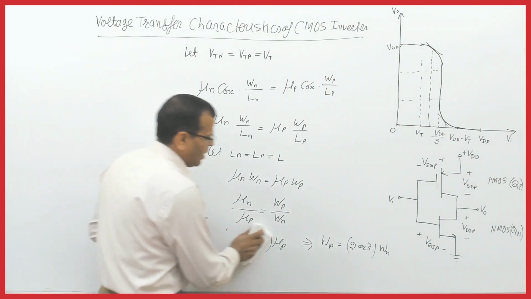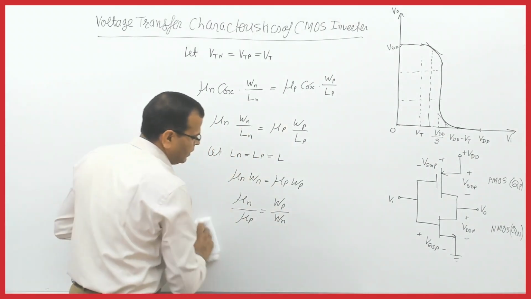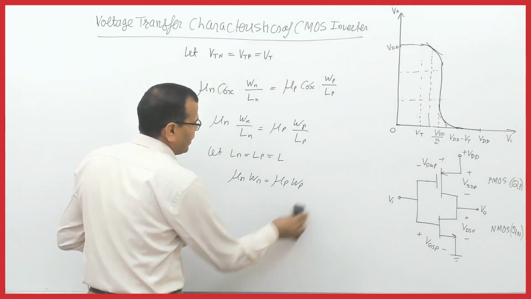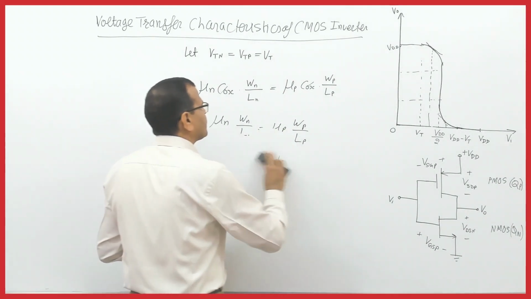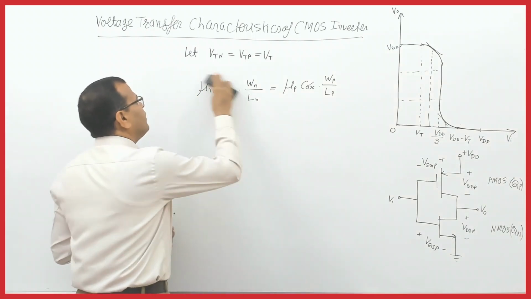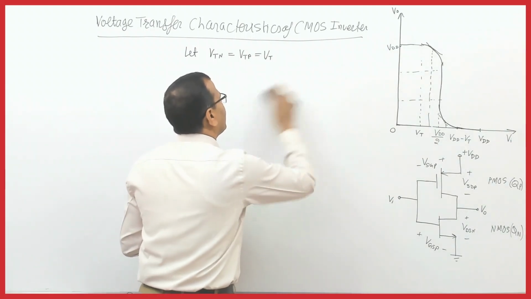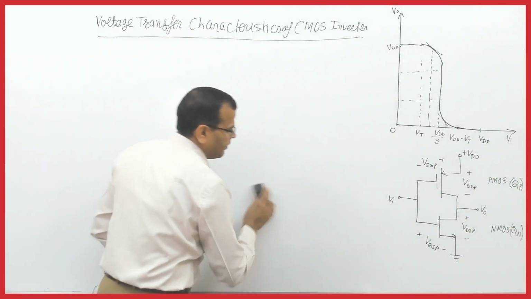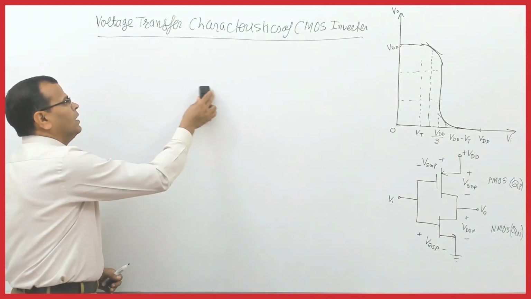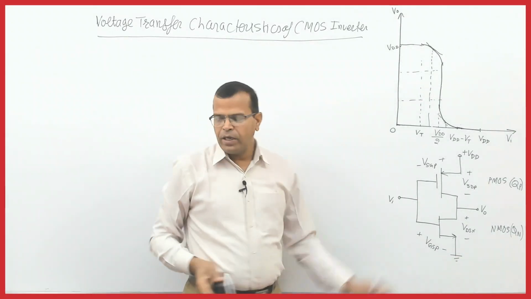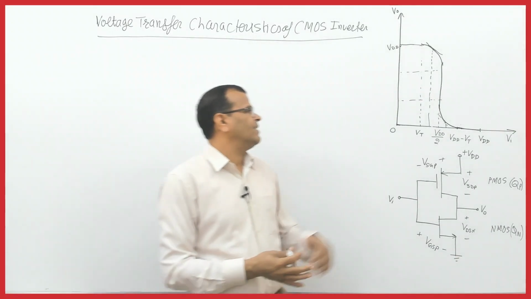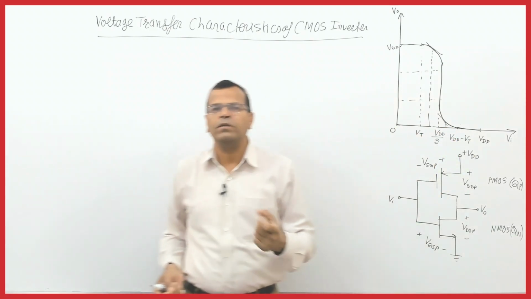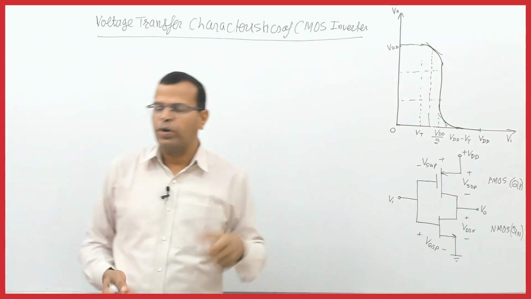Now, let us see the next part of the topic, that is the different segments of the input, that is voltage transfer characteristic. Fine. Let us see the first one. I am repeating, I have divided this complete range of input from 0 to VDD into different segments. Region we will see one by one.